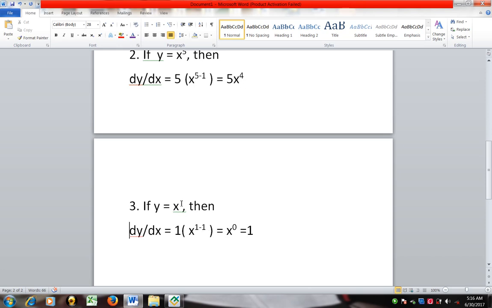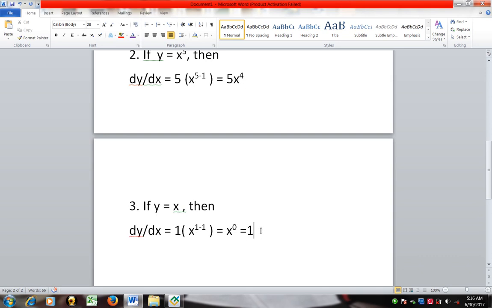The old power was 1, so we subtract 1 from it. So we have 1 times x raised to power 0, because when you take 1 from 1, you have 0. So the power now is 0. So when we differentiate that, x raised to power 0 from the law of indices is 1. Okay, so when we differentiate y equals x, we get 1.